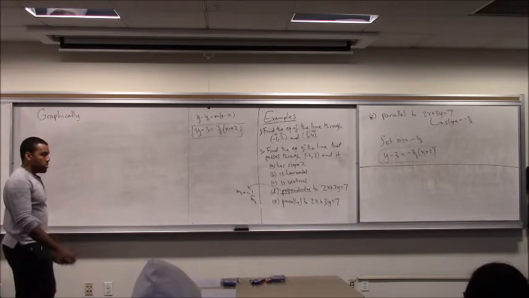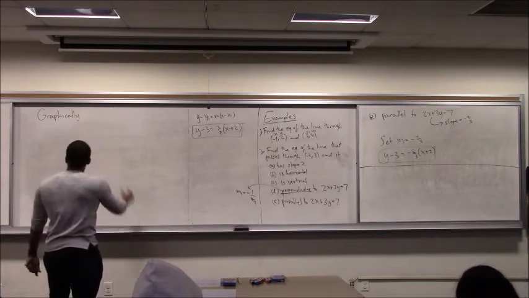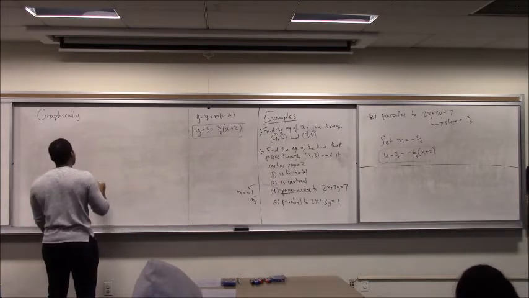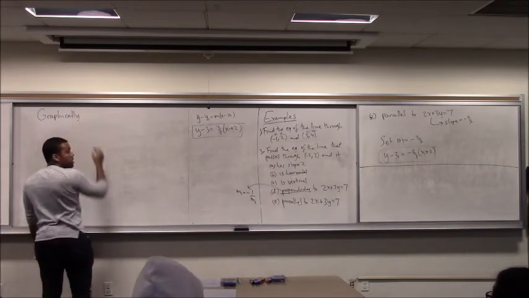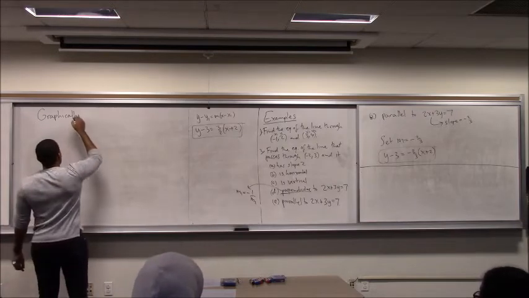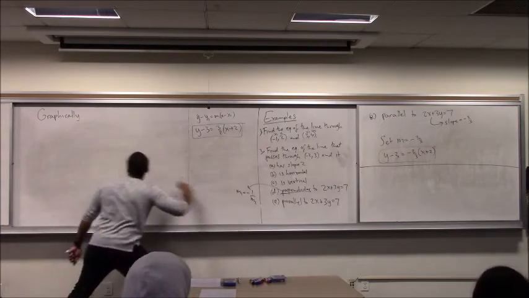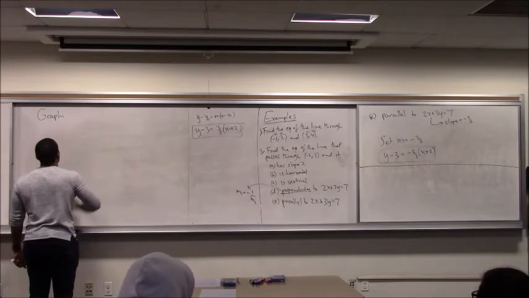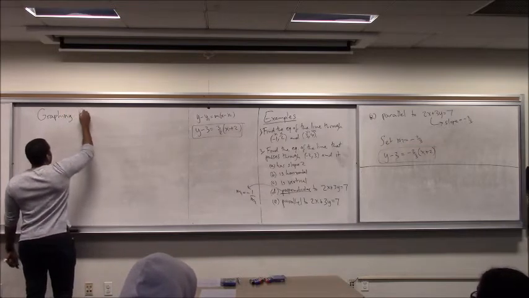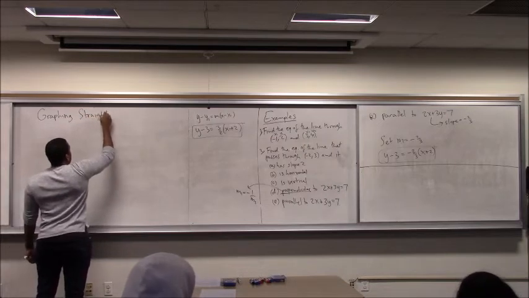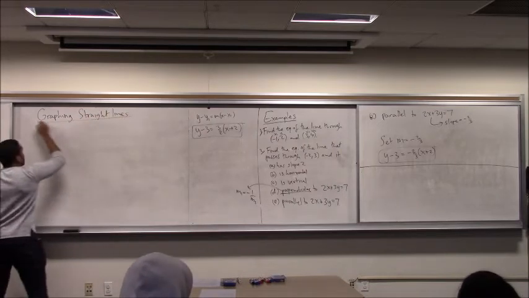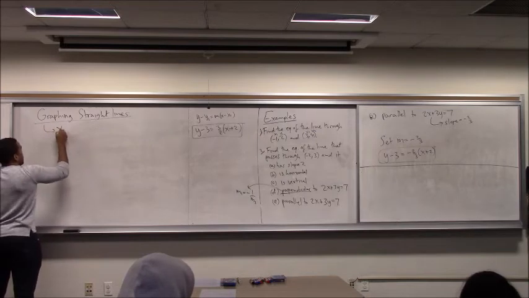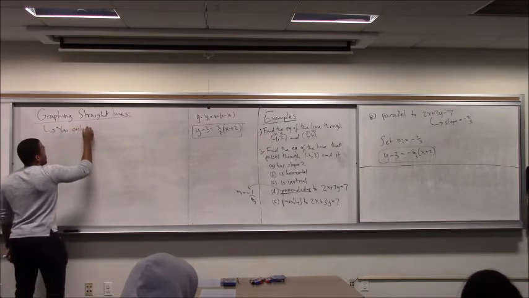Usually the best 2 points to find are the x and y intercepts. But there might be a case where you need something other than those. But those are the first ones you would try to find. So, graphing straight lines: you only need 2 points.